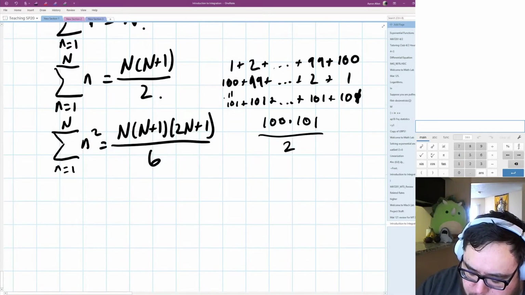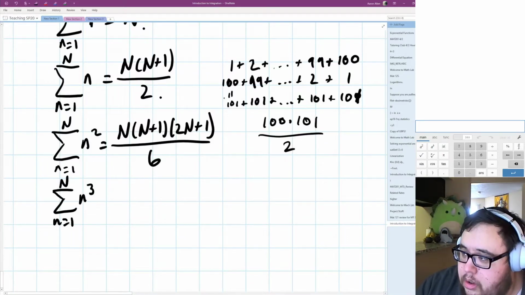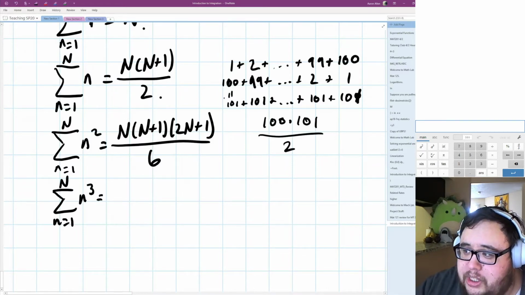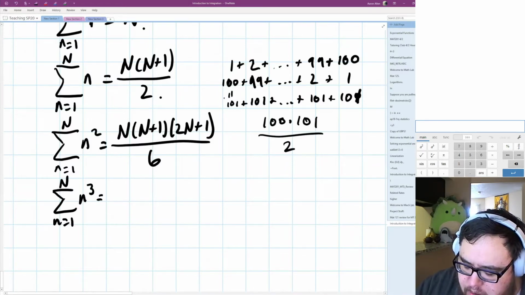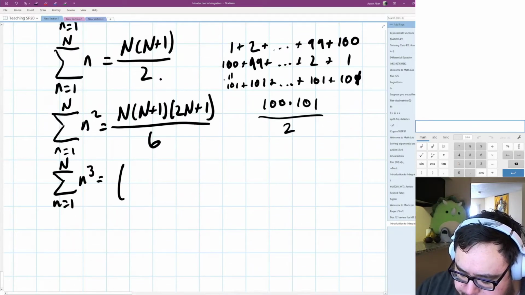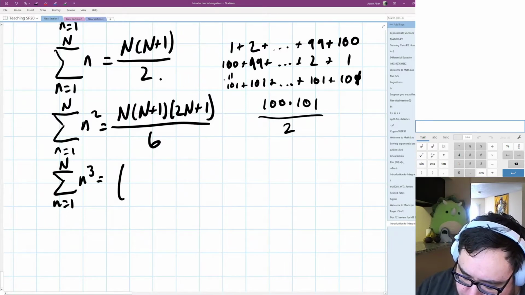There's also a formula for the sum of consecutive cubes, which, and this is genuinely a coincidence, is the sum of the single numbers, squared.